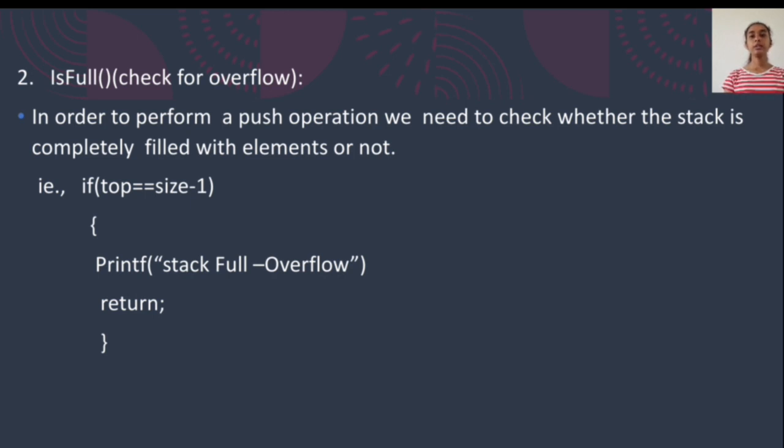In a zero-based index system, if top is equal to SIZE-1, it means that the stack is full and attempting to push another element would result in an overflow. If the condition is true, the program prints stack full overflow using printf and then immediately returns from the function or program, indicating that the push operation cannot be performed.